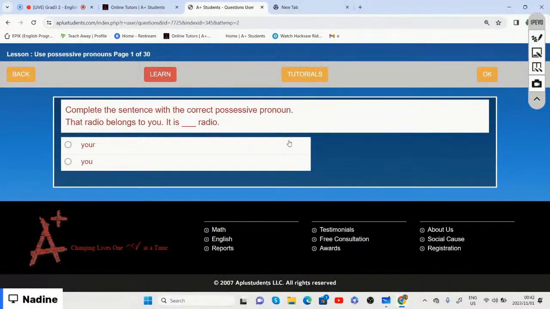So if the radio belongs to you, then we can say, is it your radio or is it you radio?